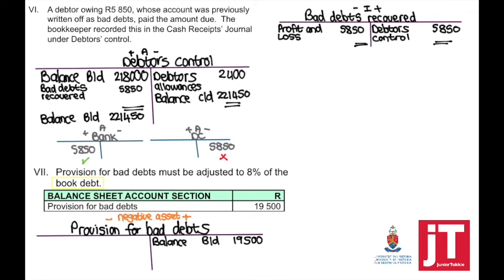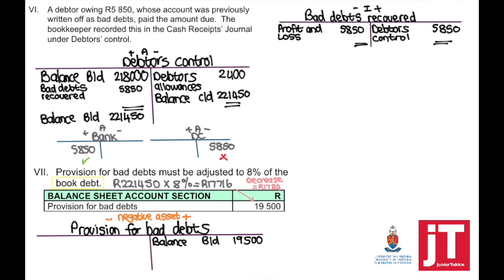My new debtors control balance, after the returns by the debtor, after the bad debts were recovered, our new balance, 8% must be calculated on the new debtors control balance. Our new balance is 17,716 for provision for bad debts.